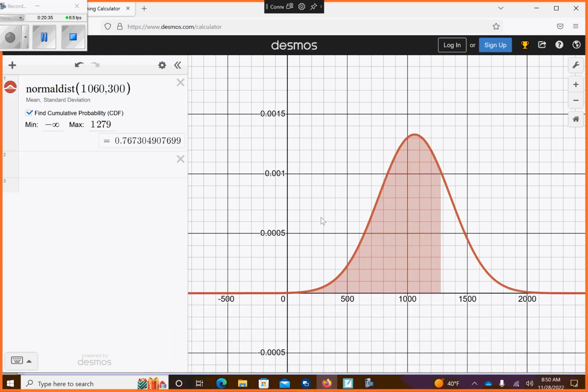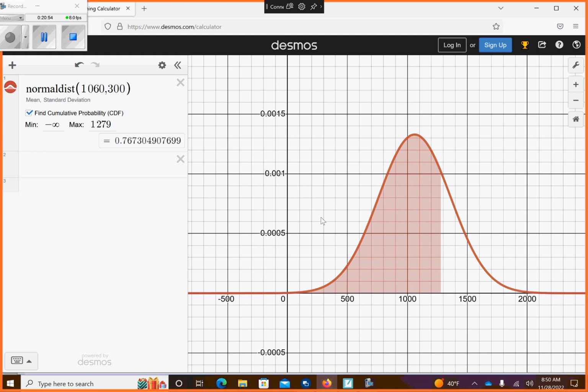So if I knew that my score was a 1279 on the SAT, I did better than 76.7% of the people. Now, if you wanted to reverse it, you could do one of two things.